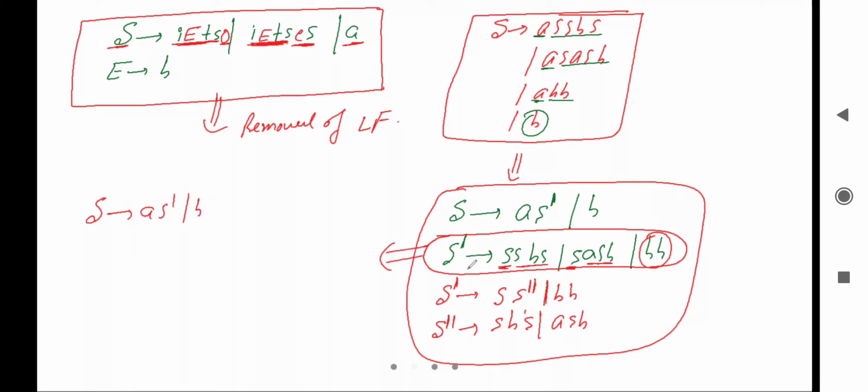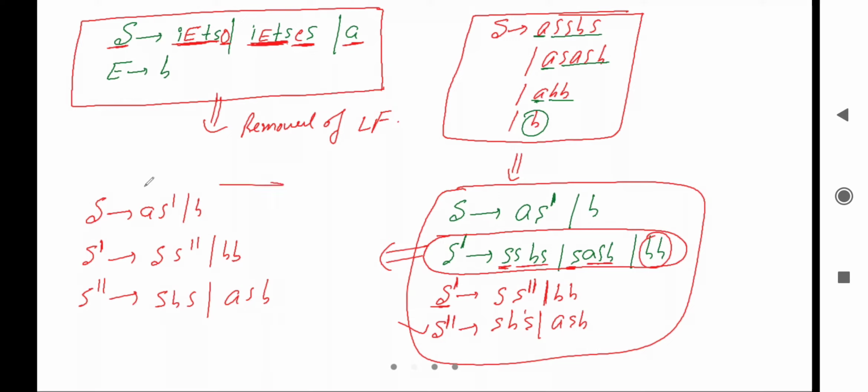Then S dash goes to S double dash bb, and then S double dash goes to this one. S double dash goes to SbS, then aSb, right? SbS, then aSb.